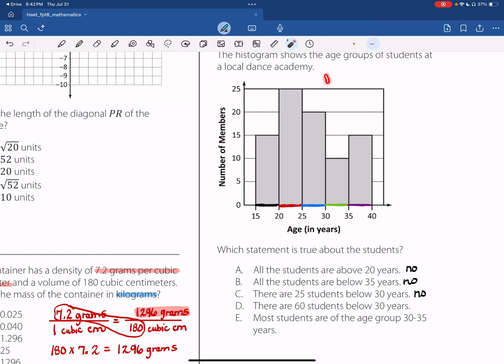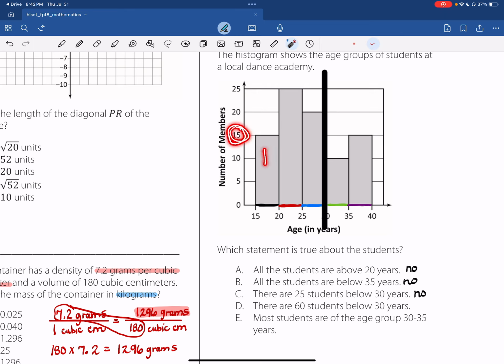Okay, here's the imaginary line for 30. So look to the left of that. Let me draw it with something that I need to be able to write. Here's the 30-year-old line. So let's add up the people below that 30. We have 15, and I'm looking at the frequencies.